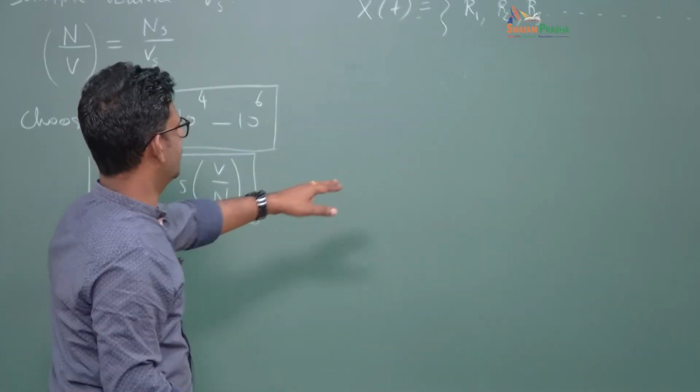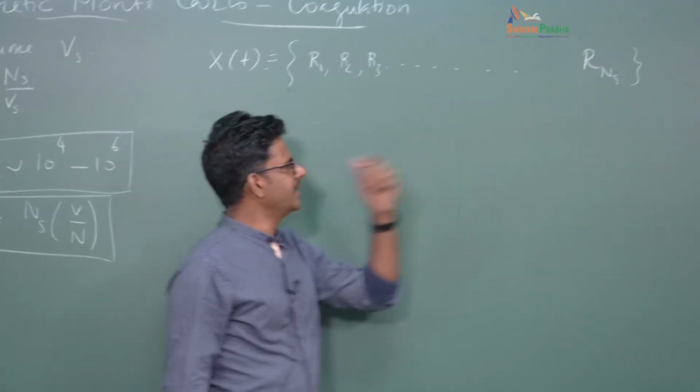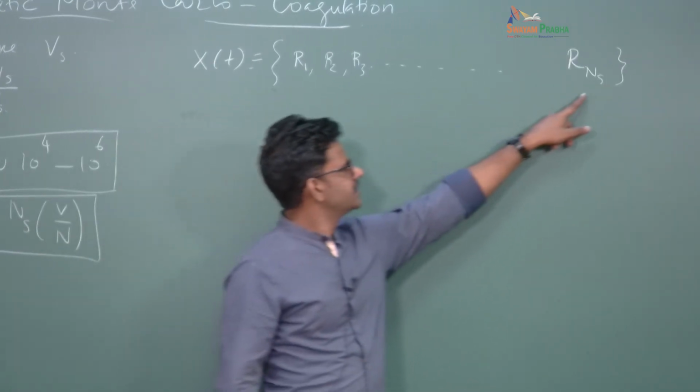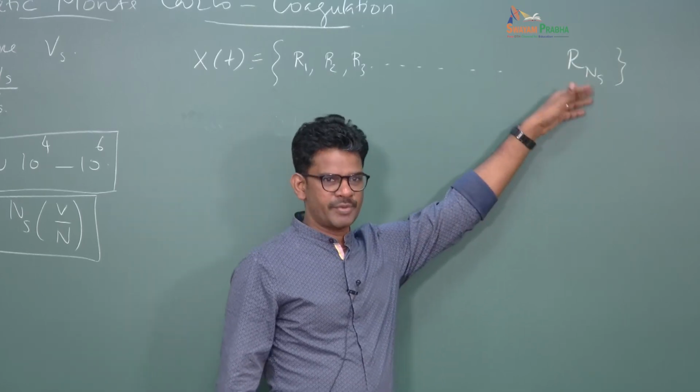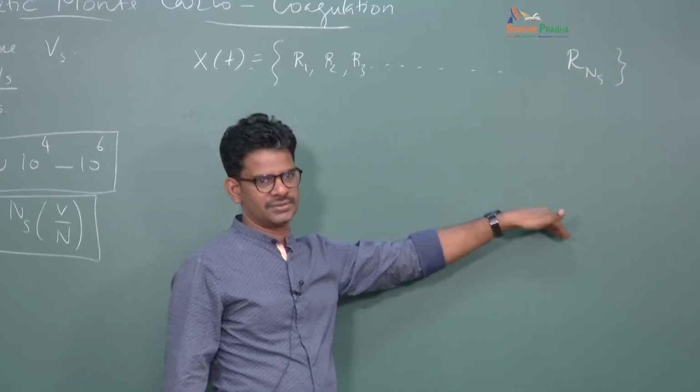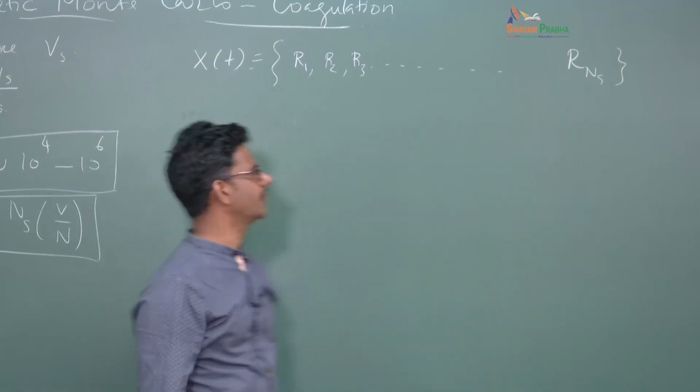But in this particular thing, here I have said ns only at time t equal to 0. As I go further and further, this ns also will become ns minus 1, ns minus 2 and so on. So the number will actually keep coming down.